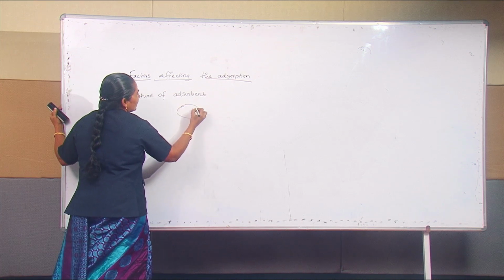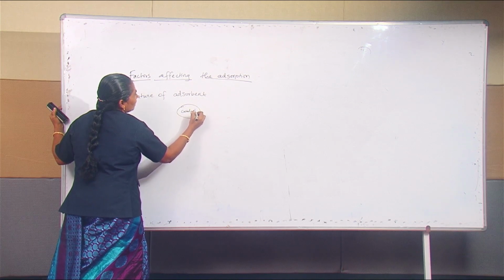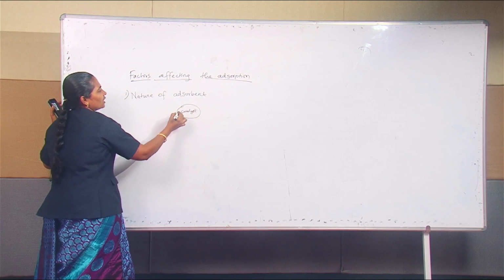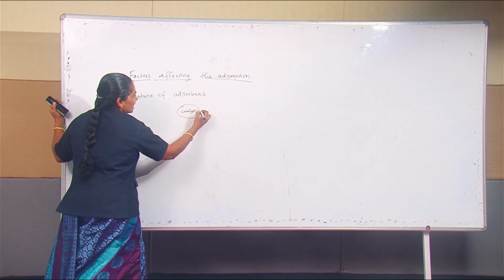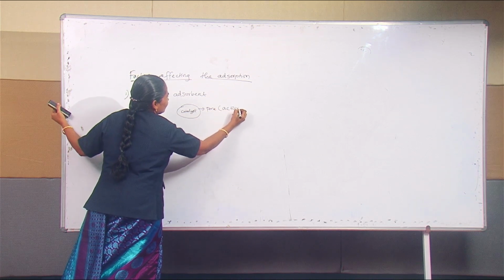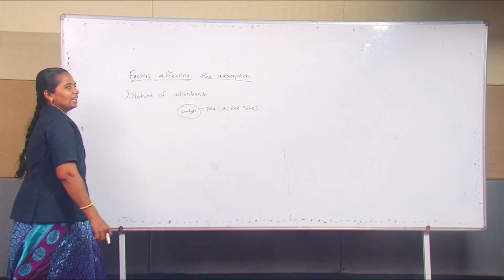The solid material acts here as a catalyst. This catalyst should have a distinct nature, with certain pores in it, which we can call active sites. What is the role of the pores, that is, the active sites in the adsorbent?